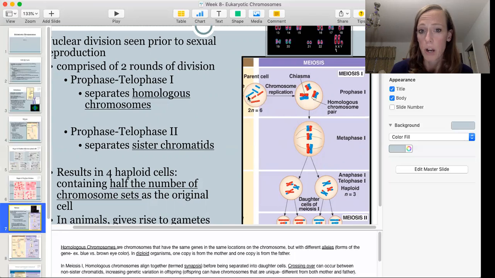And the blue one also replicated its genetic material, and so now you can see there are 2 sister chromatids. But all 4 of those will pair up next to each other, and this is called synapsis. So they'll line up next to each other, of course, with their homologous chromosome and the sister chromatid. So these are lined up next to each other during metaphase 1.